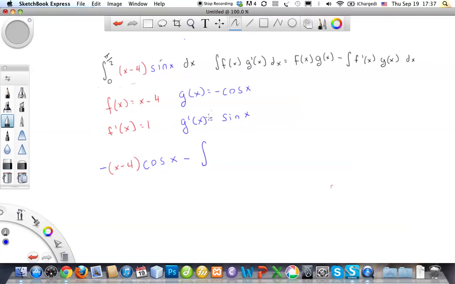So 1 times negative cosine of x will give me a positive cosine of x dx.